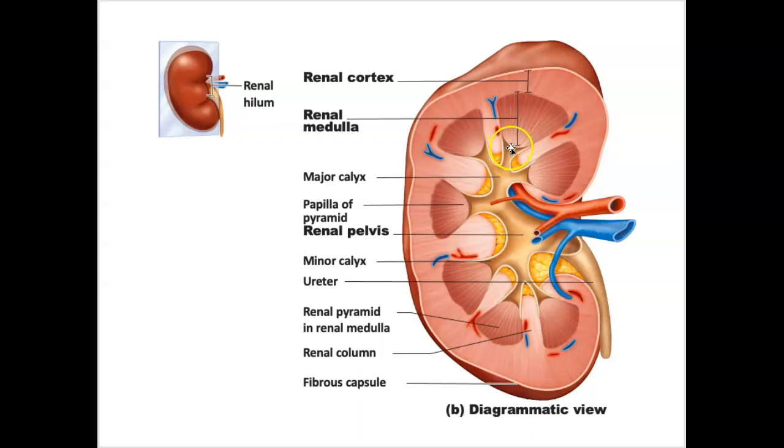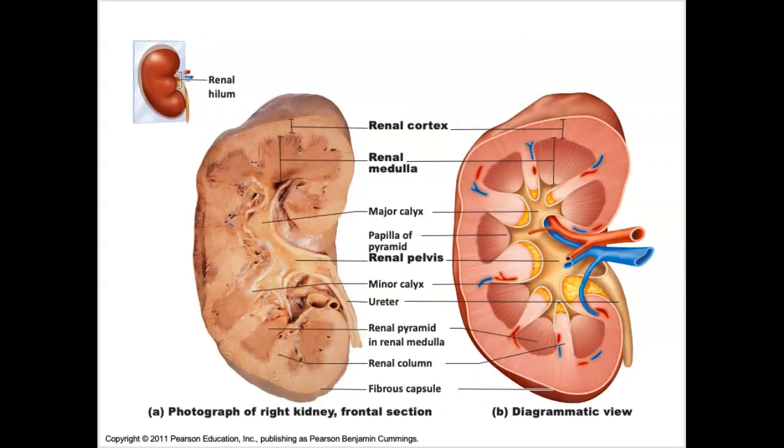Then urine will collect down into these minor calyces, going into the major calyces, coming down into the renal pelvis, the portion of the kidney where the urine is going to collect. Eventually out of the renal pelvis, it's going to go into the ureter, which we saw exit down into the bladder, coming down that way.